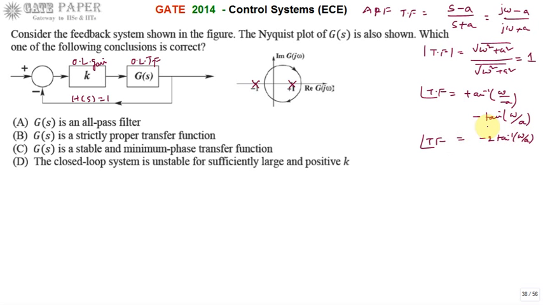So phase shift is a function of omega. There will be unequal phase shift between output and input for different frequency components, even though the gain is the same. That is the function of an all pass filter.